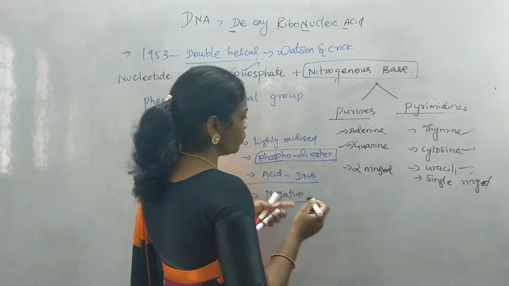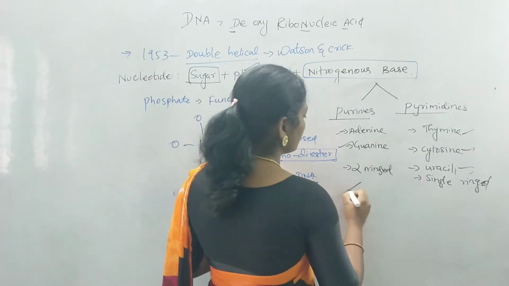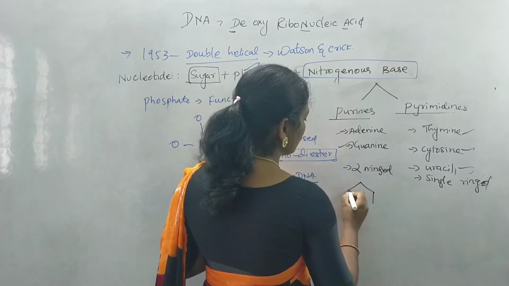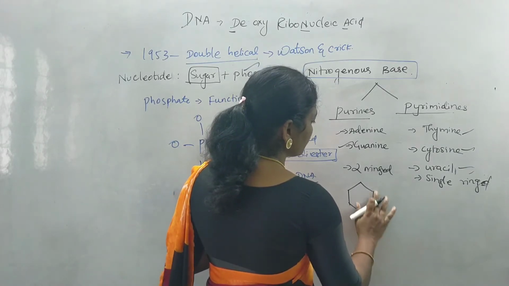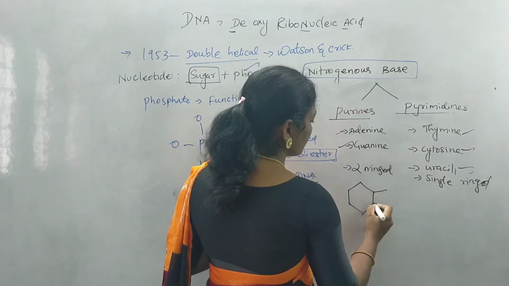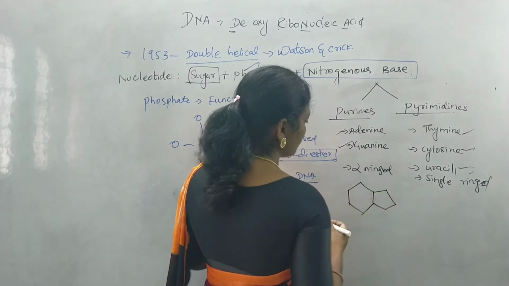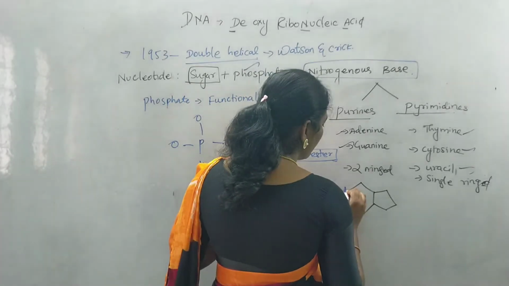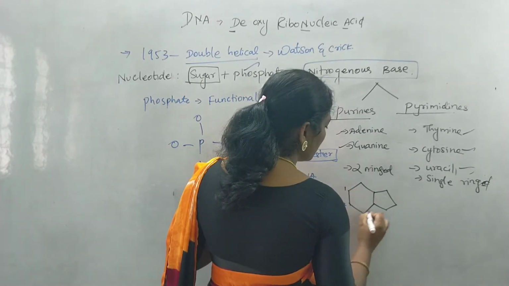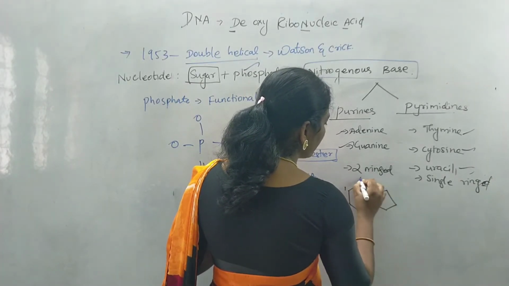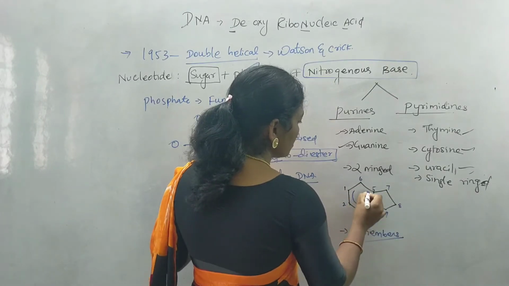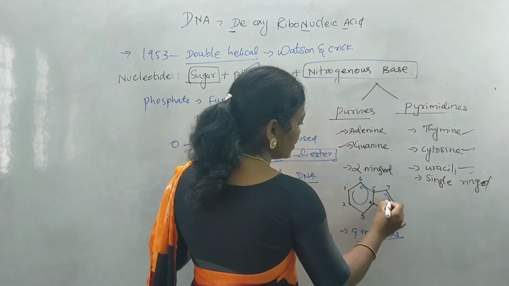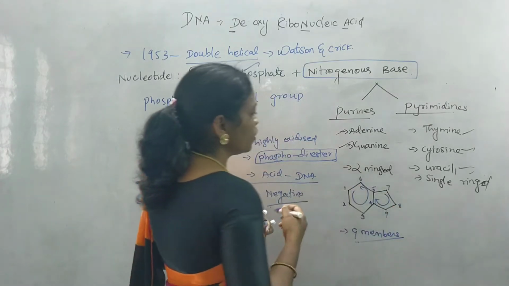I'll just draw the structure of purines here. You number from this side 1, 2, 3, 4, 5, 6, 7, 8, 9, in this direction of arrangement in the case of purines.